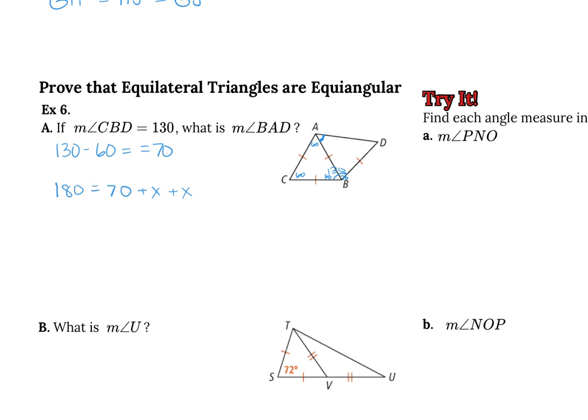So I'm going to subtract the 70 over, and I'm left with 110 and 2 of these x's. I'll divide that 110 in half. So each of these isosceles triangle's angles would be 55, and my measure of angle BAD would be 55.